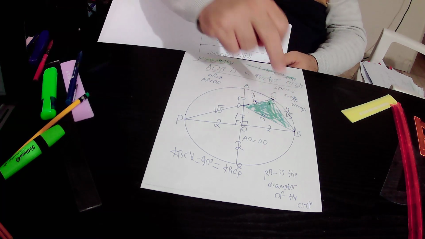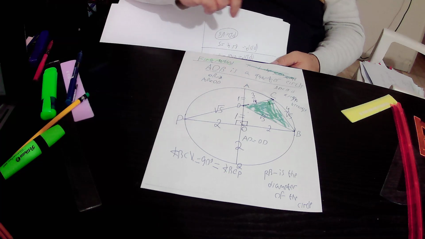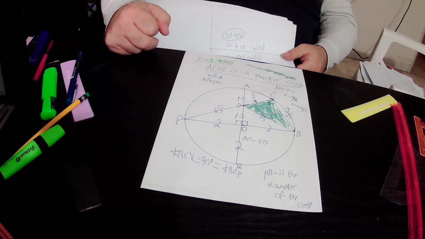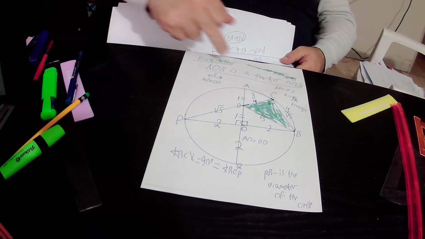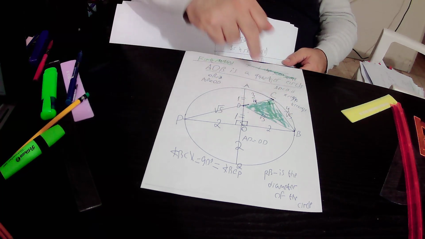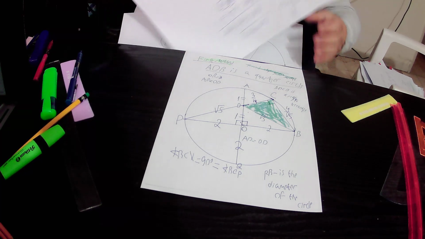So AO is also the radius of the quarter circle, so AO equals OB equals 2 units. That is the radius of the quarter circle.